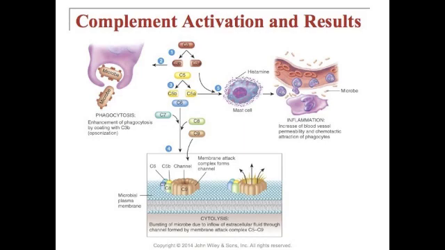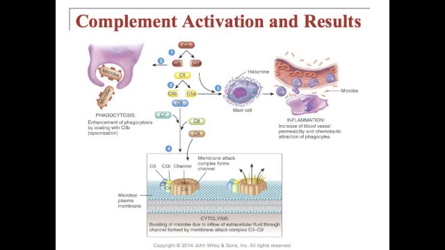Then the C8 and several C9 molecules join other complement proteins together to form a cylinder-shaped membrane attack complex, which inserts into the plasma membrane. Fourthly, the membrane attack complex creates channels in the plasma membrane that result in cytolysis, the bursting of the microbial cells due to the inflow of extracellular fluid through the channels.